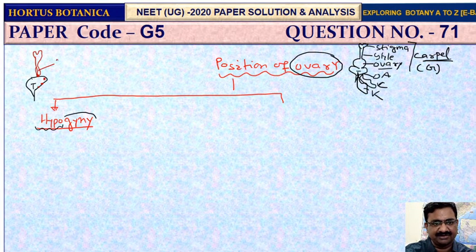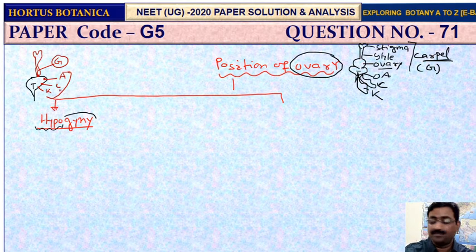This is the position of your gynoecium where the ovary is found. This is androecium, this is corolla, this is calyx. So you have to consider the position of gynoecium with respect to other floral whorls, that is androecium, corolla and calyx.